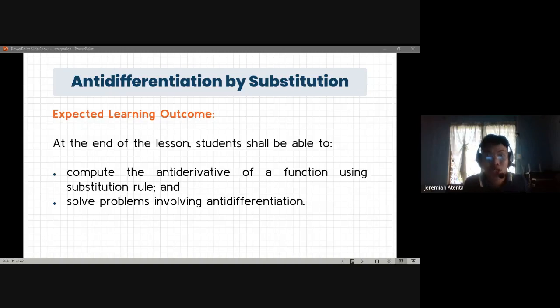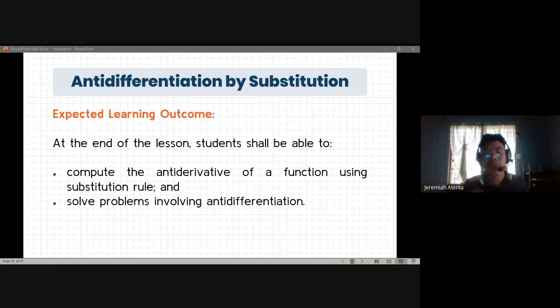Okay? So no hard or fast rules can be given as to which method applies in a given situation. In college, several techniques such as integration by parts, partial fractions, trigonometric substitution will be introduced. But here in our level, we will focus on the most basic technique, and that is integration by substitution.